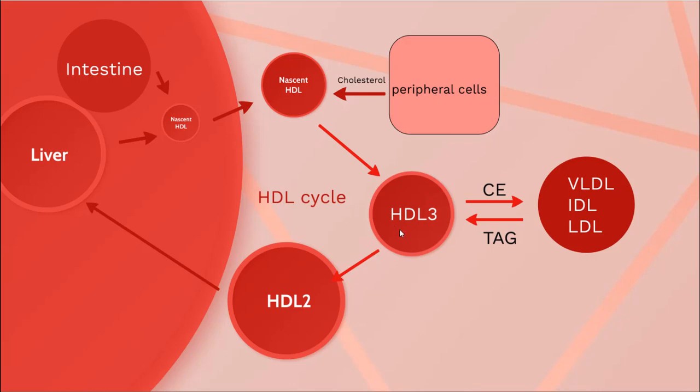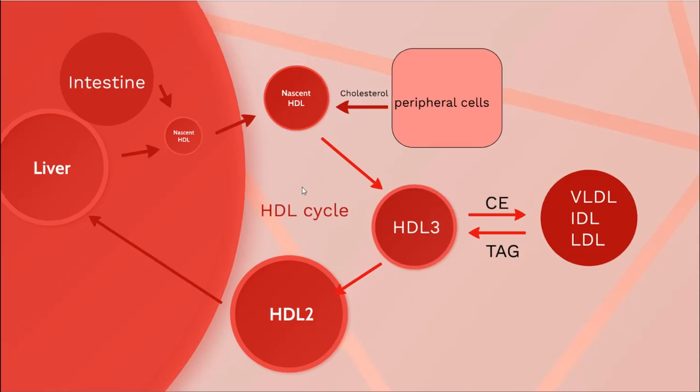Then the HDL3 will transport the cholesterol ester to other lipoproteins VLDL, IDL, and LDL, and then those lipoproteins will go back to the liver. As HDL clears cholesterol from the peripheral cells, HDL is called a cholesterol scavenger. This is how, by the process of the HDL cycle, HDL takes up cholesterol and returns it to the liver.